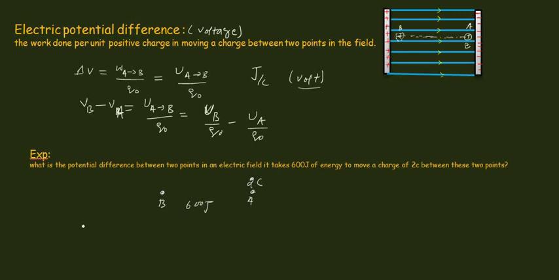So the potential difference between these 2 points equals the energy consumed from point A to point B divided by the test charge. The energy is 600 joules, and the charge is 2 coulombs. So the resulting potential difference between these 2 points is 300 joules per coulomb, or we can say 300 volts.